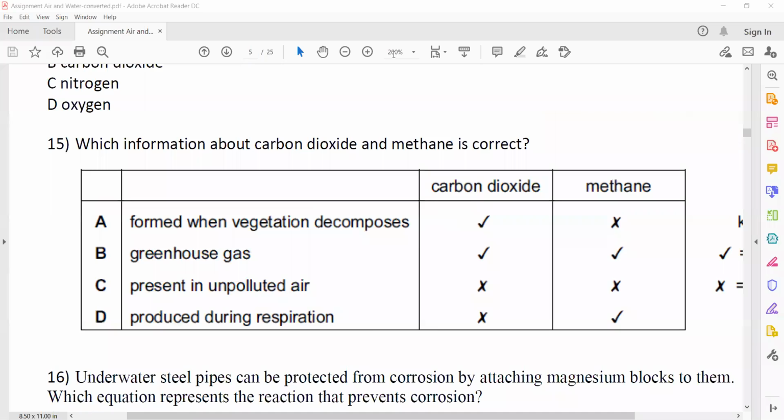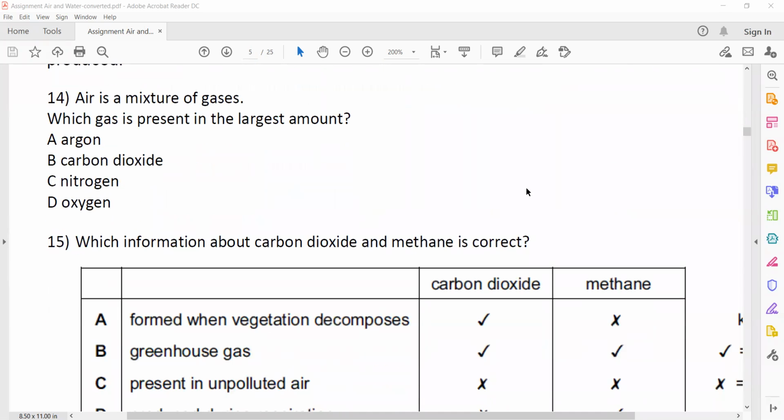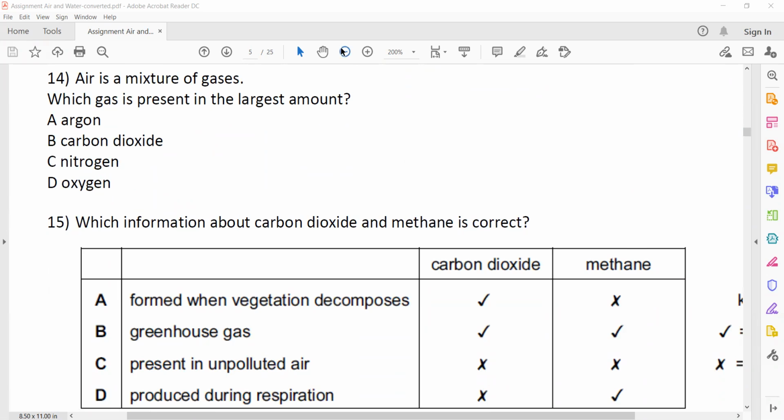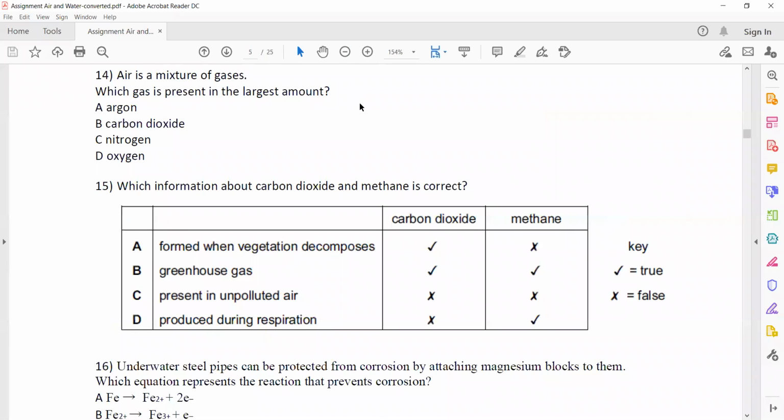Question 15. First, question 14. What's the answer for question 14? Air is a mixture of gases. Which gas is present in the largest amount? Nitrogen, that's why C is the correct answer.